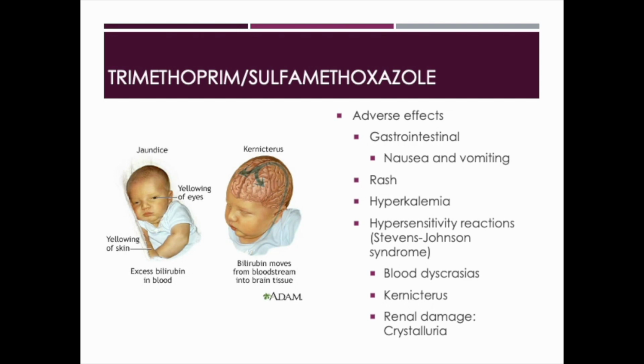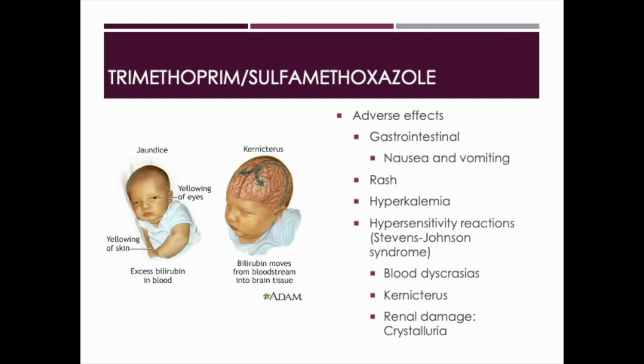So just like the sulfonamides alone, we worry about, when it's in combination as TMP-SMZ, hypersensitivity reactions like Stevens-Johnson syndrome. The blood reactions like hemolytic anemia, leukopenia, thrombocytopenia, aplastic anemia, and agranulocytosis. We also worry about kernicterus in neonates and renal damage.